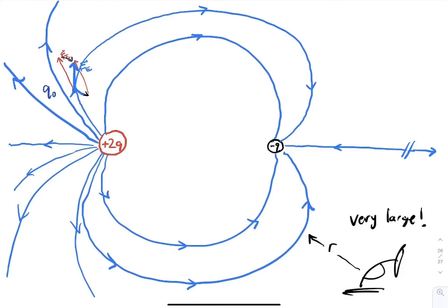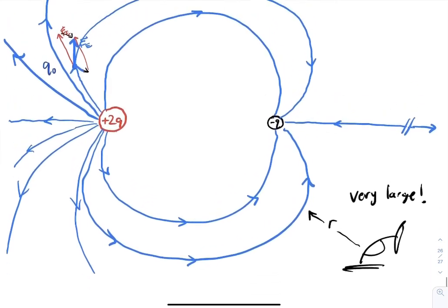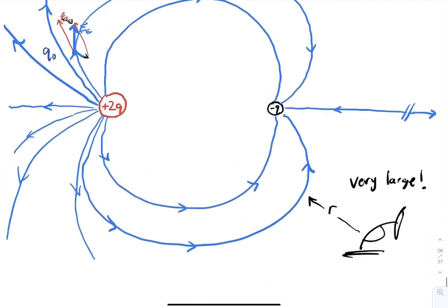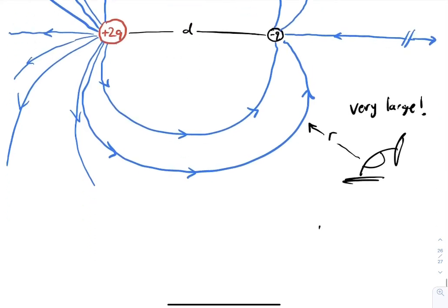When we say very large, there might be a distance d between these charges, and what we mean is that r is much greater than the distance between them.